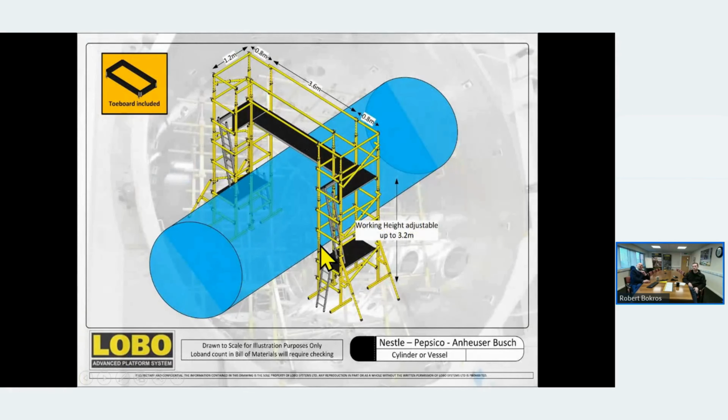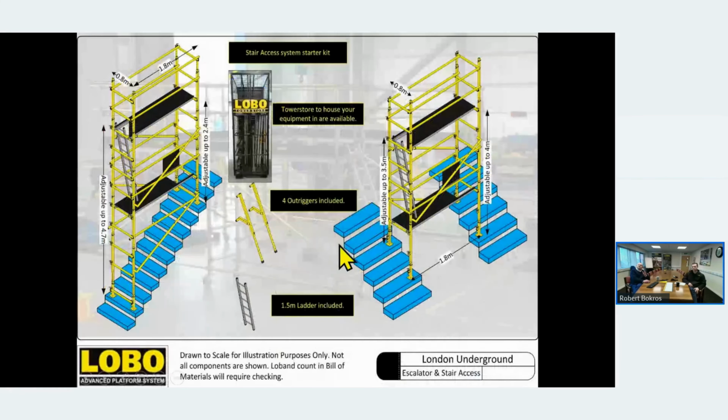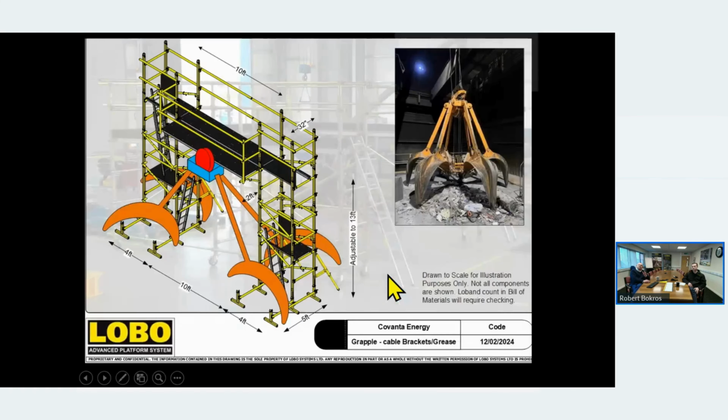This could bridge a vessel, a vehicle, or anything large like an aircraft, perhaps. Again, you could take this system down and rebuild it in any one of these systems from exactly the same components. This is the base plate that we showed you out there. The base plate is great for going on staircases, as you can see there. Obviously, you can take this apart and build it on flat ground.